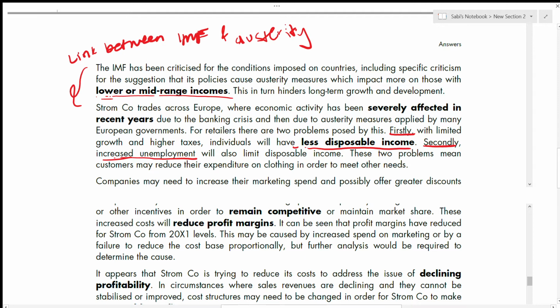These two problems mean customers may reduce the expenditure on clothing in order to meet other needs, right? If a customer has less disposable income, do you think they will go and buy clothes? They will rather try to spend on their other needs, which are more crucial, which are more necessary.